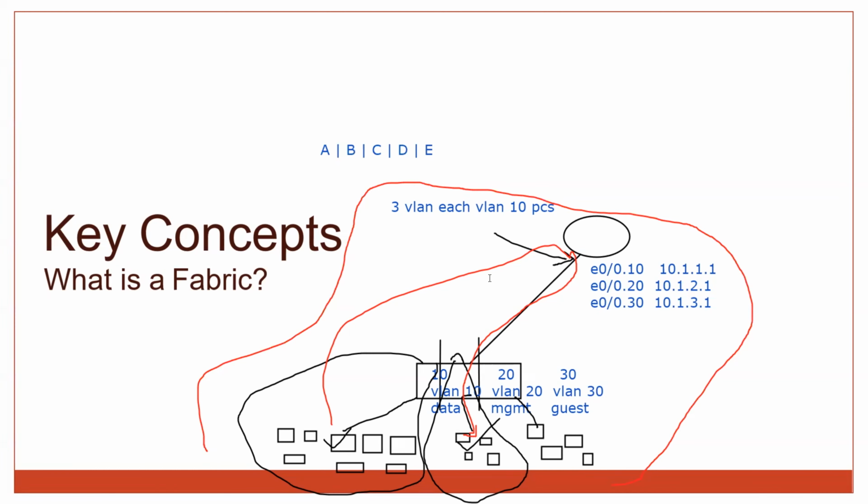That means you don't want to touch the physical cables. With the same connection you have done, you have to separate the data, management, and guest VLAN for the next 4 customers, B, C, D, and E. How will you do it?